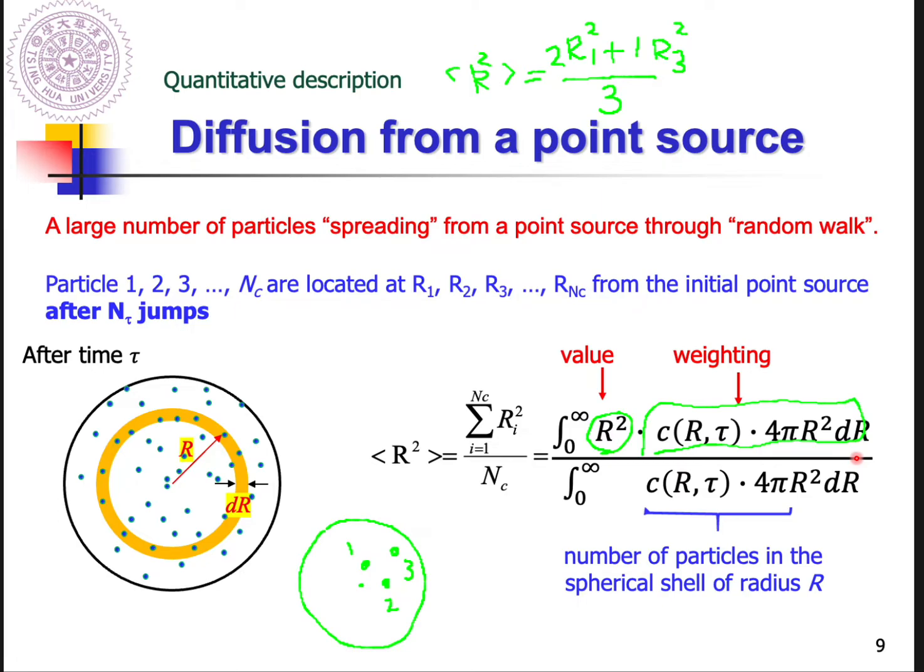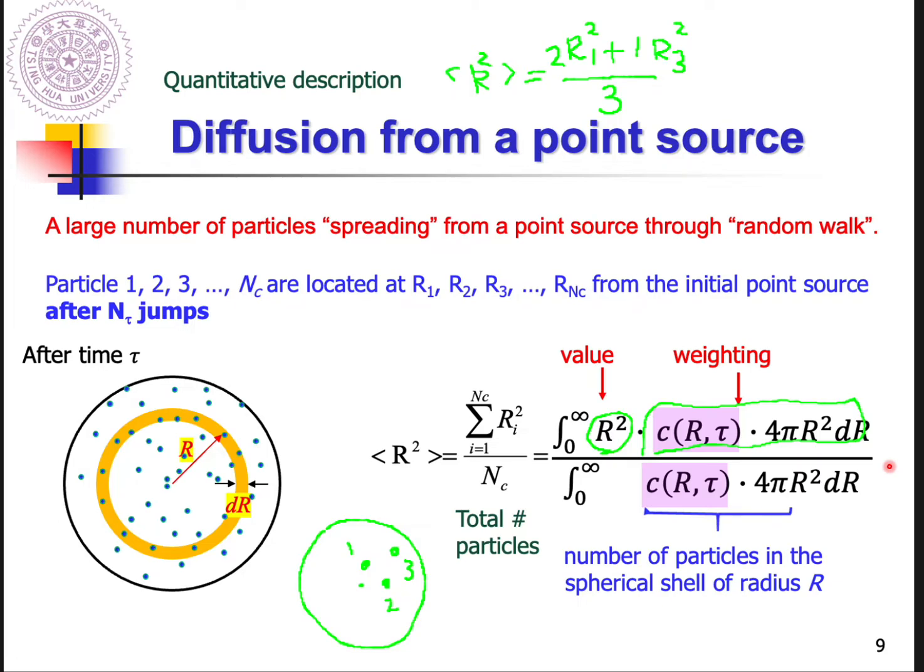But in order to solve the equation, the first thing that comes to your mind would be how to get the concentration profile of the diffusing atoms as a function of r, the radius, and the time. As long as you have this, then you can just replace this term, and then you can calculate the final result for the mean square displacement. We learned this in lecture 3.